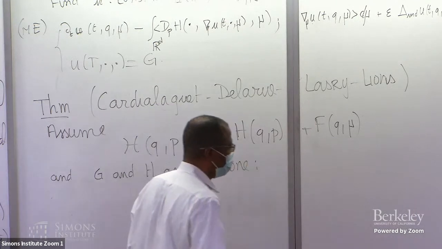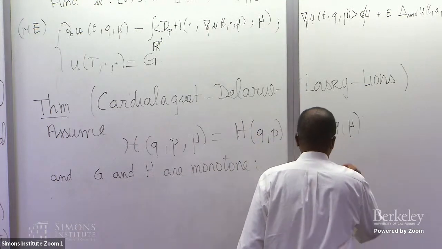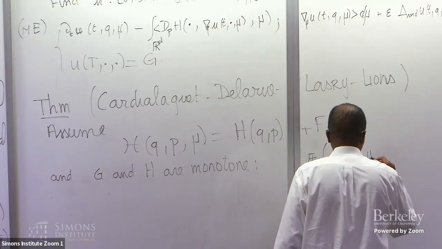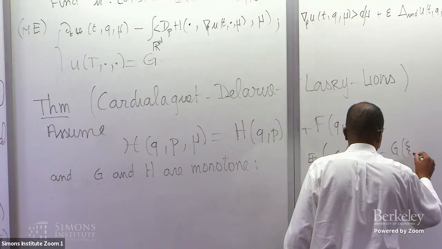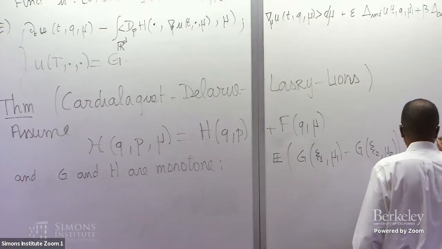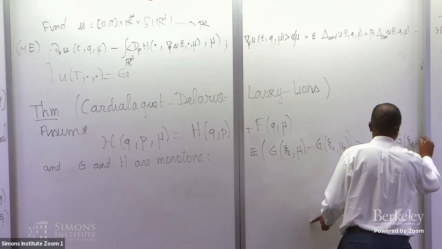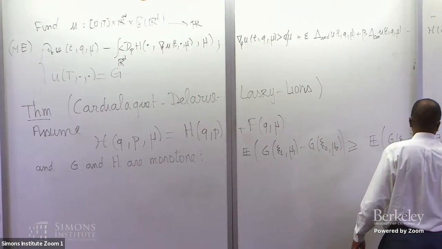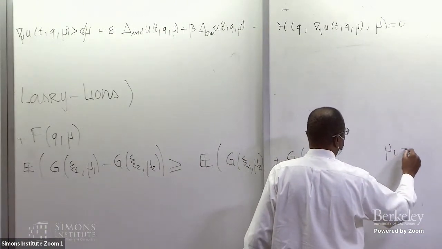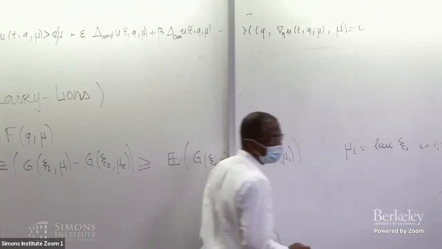So this means what? It means that if I write the expectation of G of ψ1, μ1 minus G of ψ2, μ2, this is bigger than or equal to the expectation of G of ψ1, μ2 if I change the order plus G of ψ2, μ1, if μ_i is the law of ψ_i for i equal to 1 and 2.